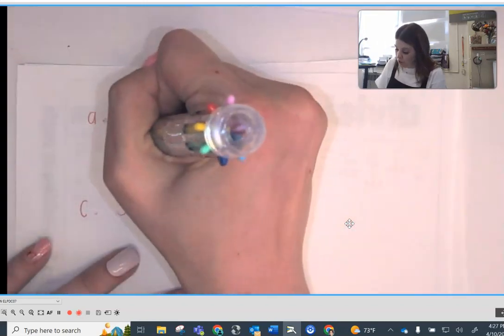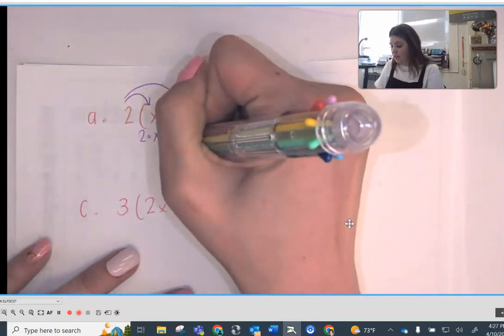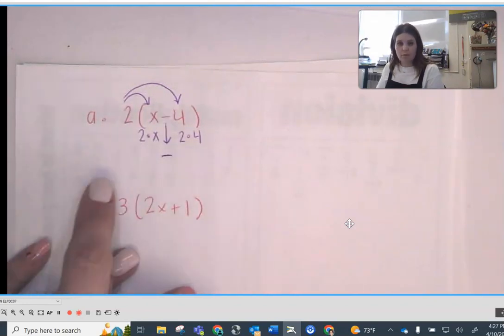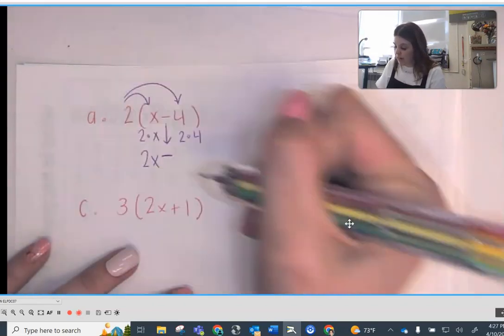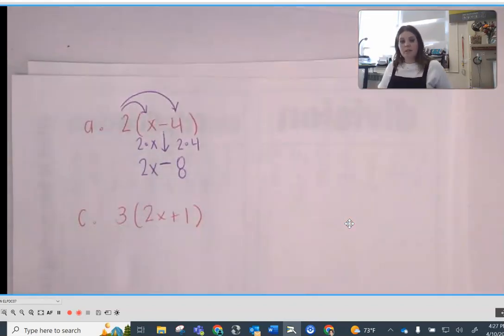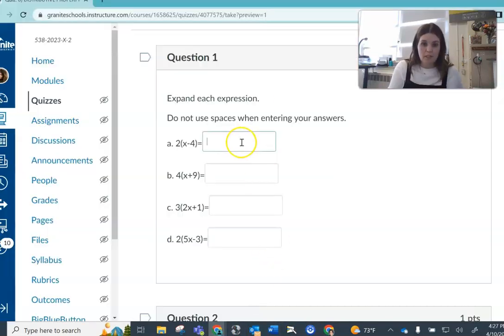So we have 2 times x, and then 2 times 4, the negative comes down. 2 times x is 2x. 2 times 4 is 8. So I'm going to enter in 2x minus 8 without any spaces.